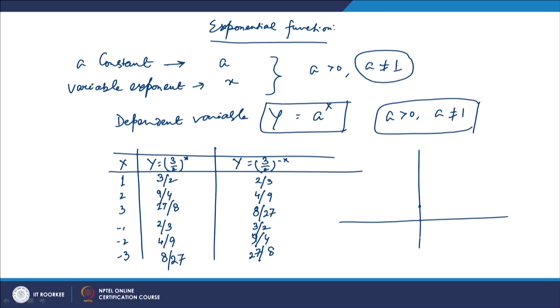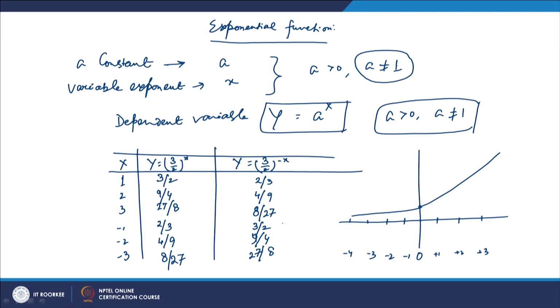On this side you have minus 1, minus 2, minus 3, minus 4. Here you have plus 1, plus 2, plus 3 and plus 4. So when this x exponent value is 0, you have 1, and now with a growth value, as x is increasing, you will have an increase like this, and it will be decreasing like that.